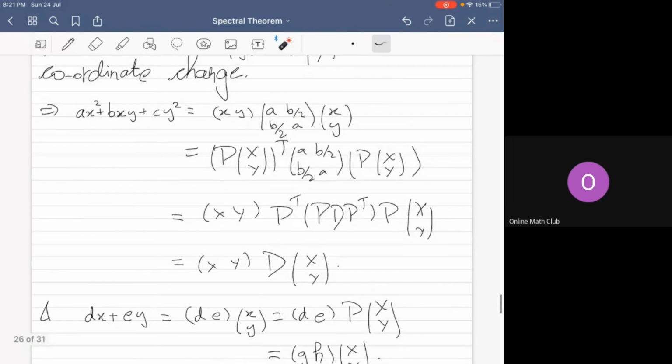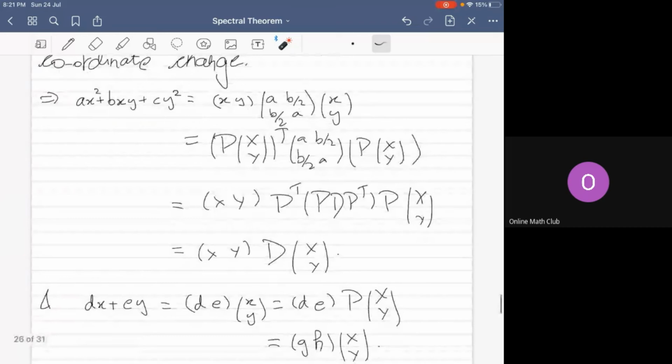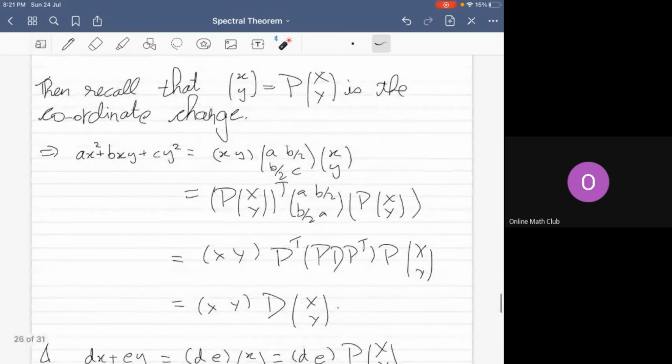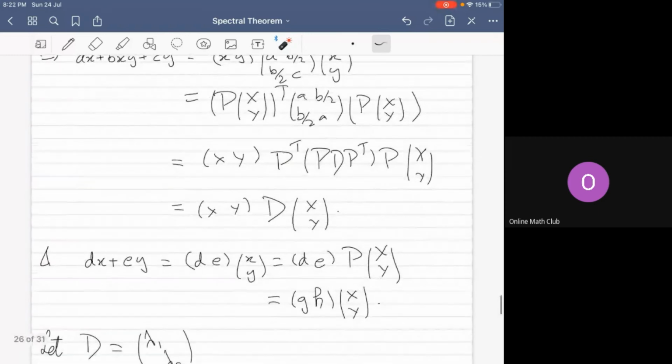And this lets us simplify this very nicely. We know this is this thing here, and then we write small x, small y, this column vector, as this, so that this is the transpose of this, and this is the same matrix, and the transpose would be like (AB) transpose is B transpose A transpose.